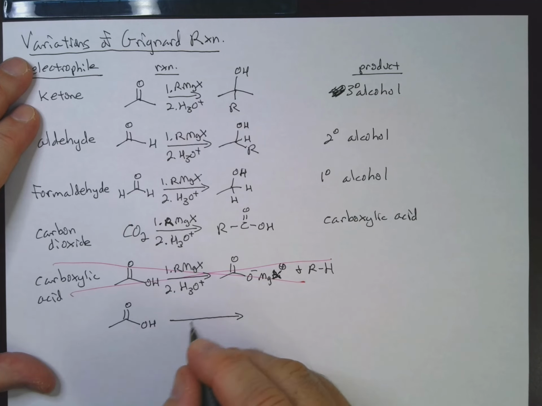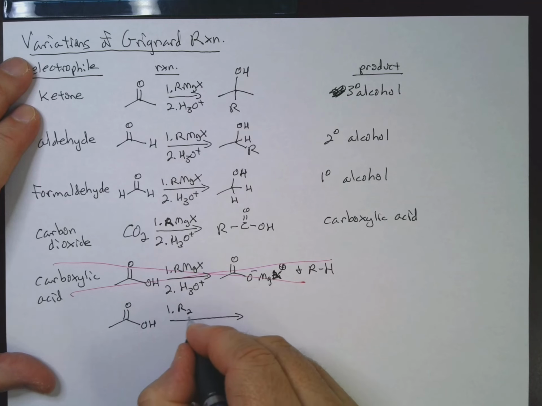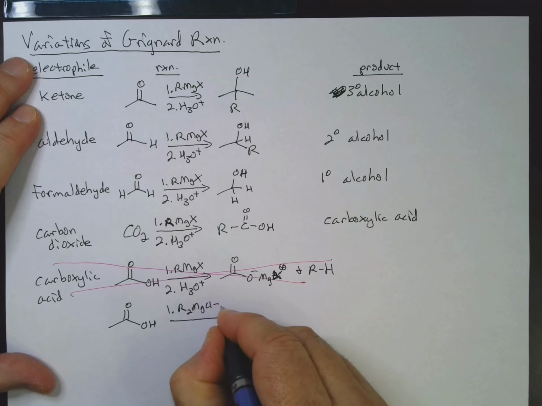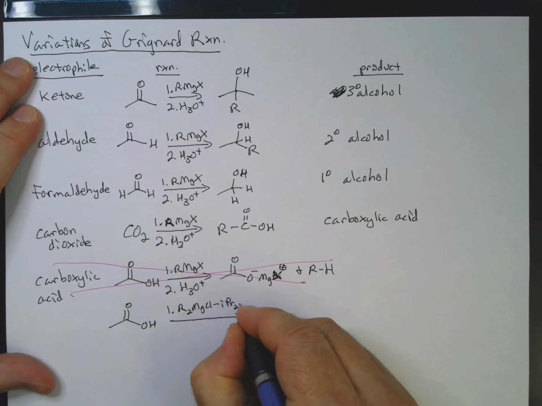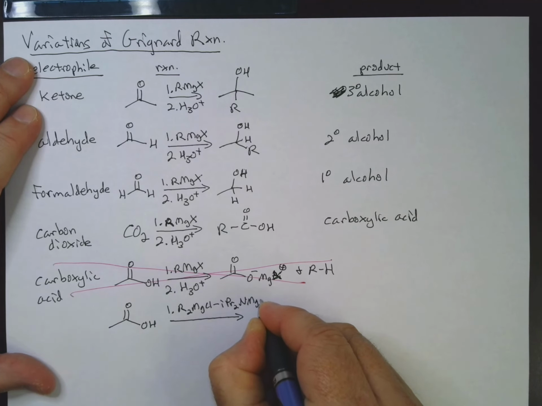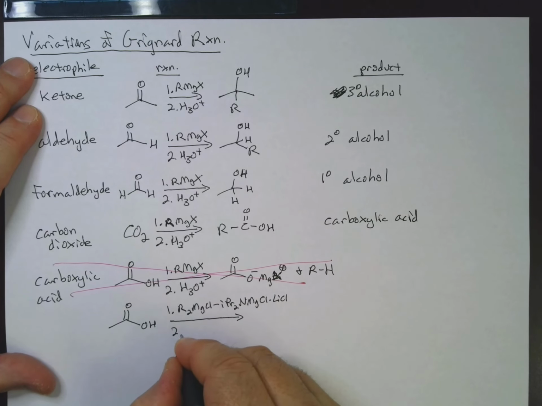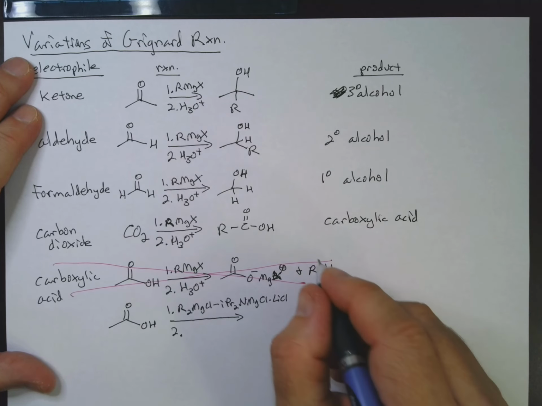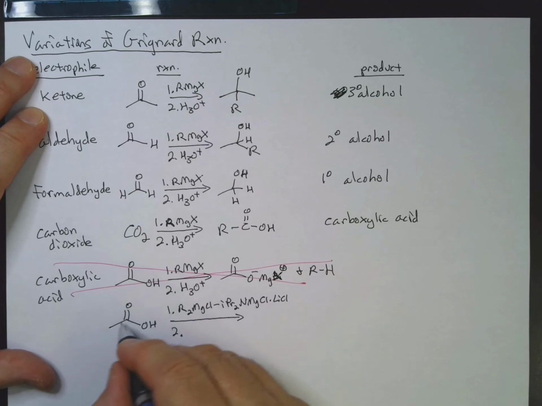So we've got R2 MgCl, iPr2N MgCl·LiCl, whew, followed by, erg. Sorry, I did that in the wrong order. Whoops.